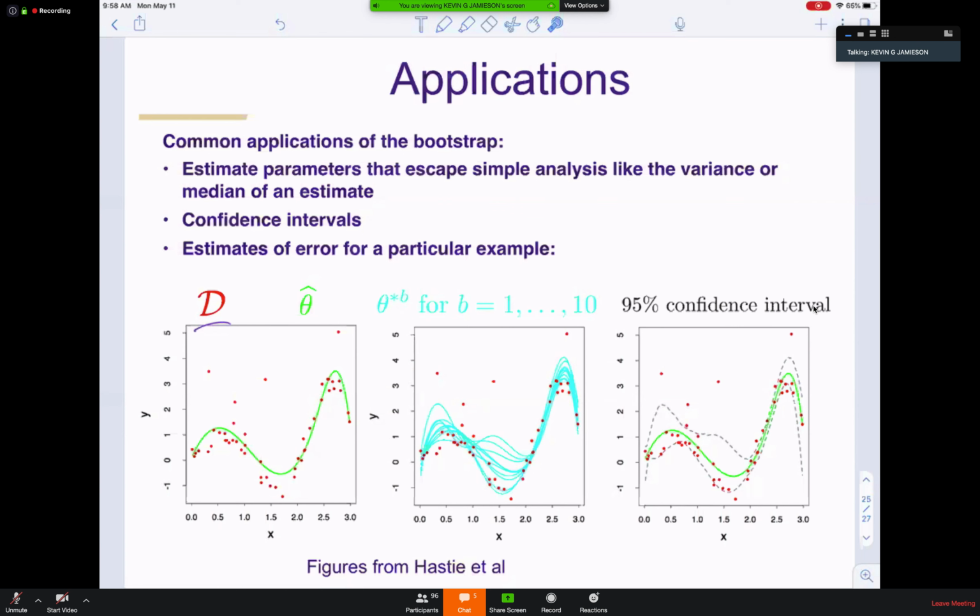And the question is, what if I want to know what the error is at this particular point? Maybe I'm predicting housing prices, and the house I'm interested in looks right here. What is the price? I can get some prediction of it, but there was no data on that point.